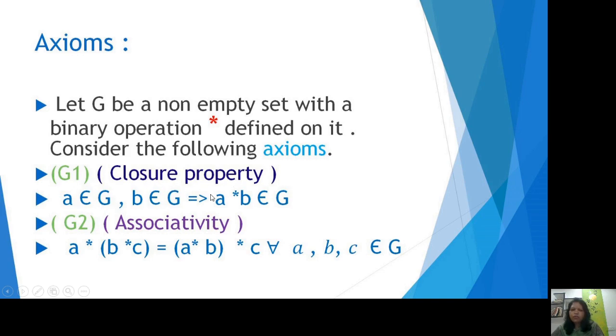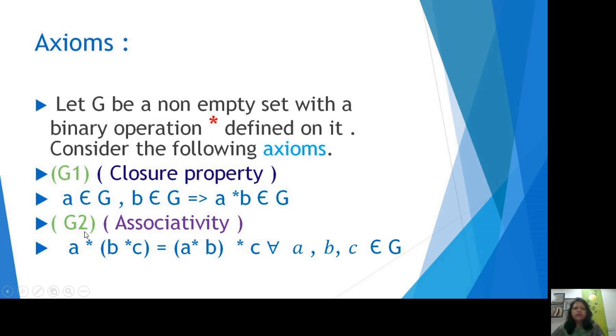So what is the closure property? This we know because this is very essential for star as a binary operation. So if a belongs to G, b belongs to G, this implies that a star b also belongs to G. This is the closure property.